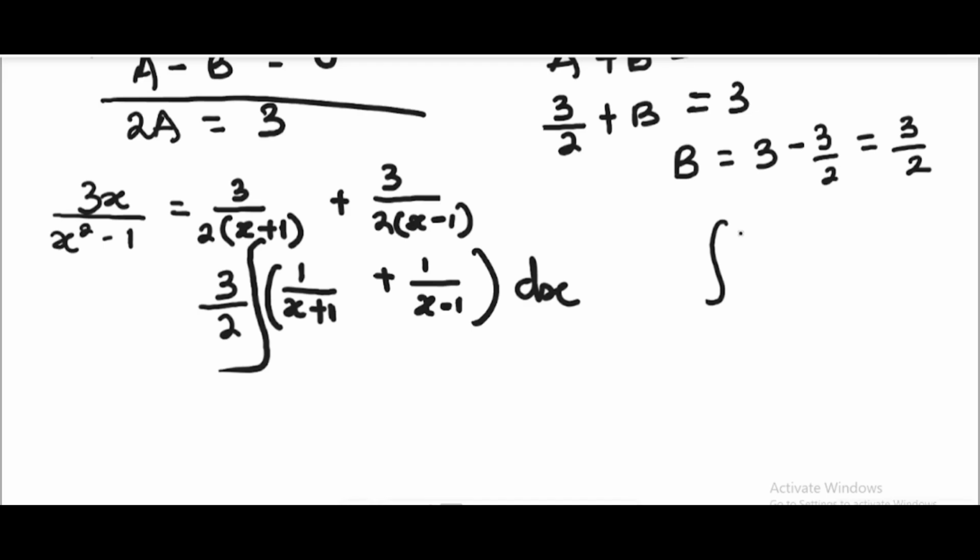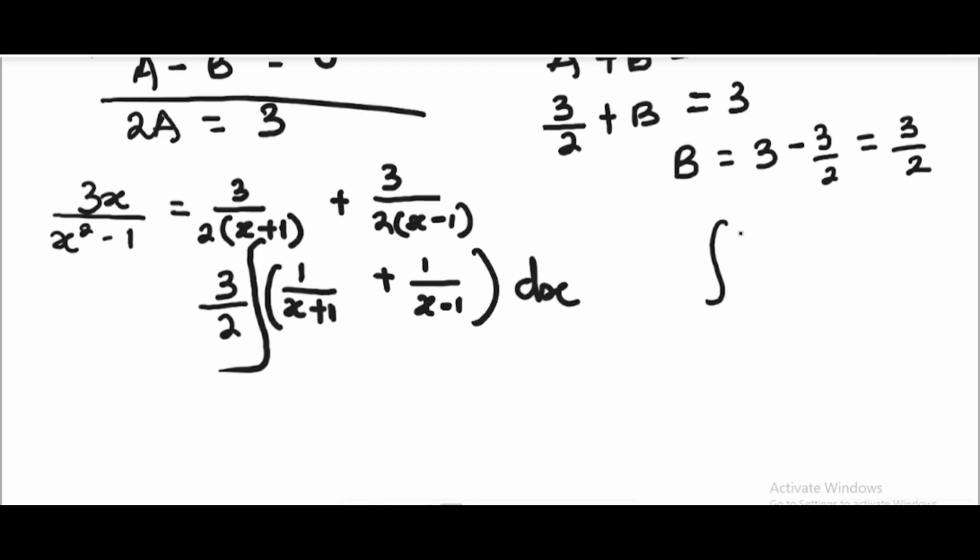So that means we're going to have 3 over 2 ln x plus 1 plus ln x minus 1. Then we bring in our constant.